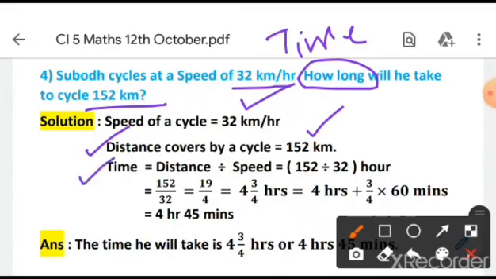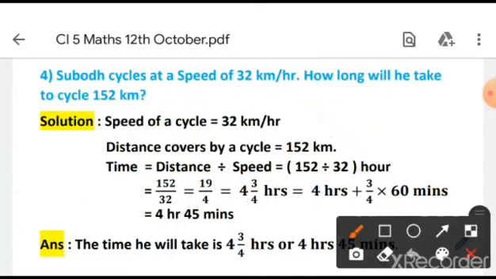Now you write the time. Time equals distance divided by speed. So you are writing the distance, that is 152, and the speed, that is 32. So this much hours. So 152 you divide by 32. At first do the cancellation.